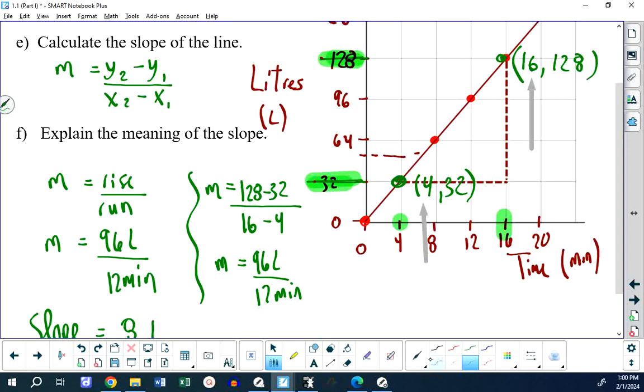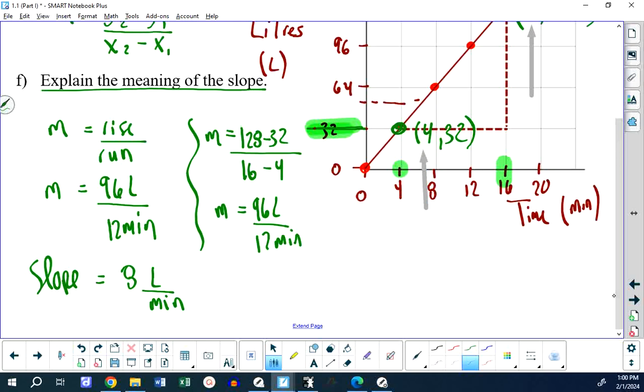There's a lot we've covered over the past couple days, but this next part is really important. If you're ever asked to explain the meaning of the slope, you just have to look at the units. If you didn't include units and you just got the slope is 8, it's not telling you anything.